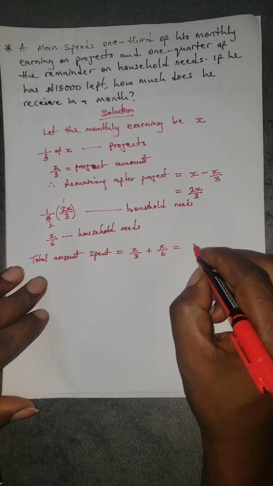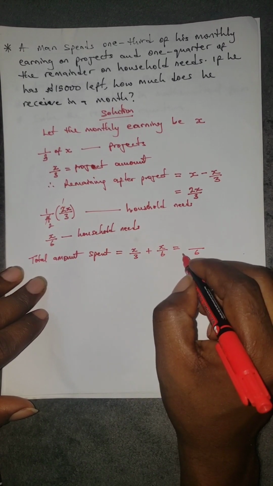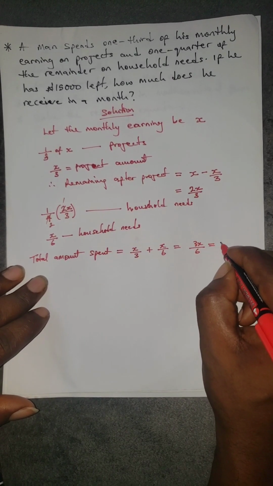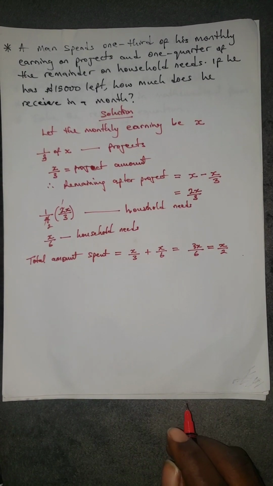So that will give us, we have LCM there, 6. This will give you 2x. So that will give you 3x over 6, which will give you x over 2. So x over 2 is the total amount that he used for expenses, which is the project and the household needs.